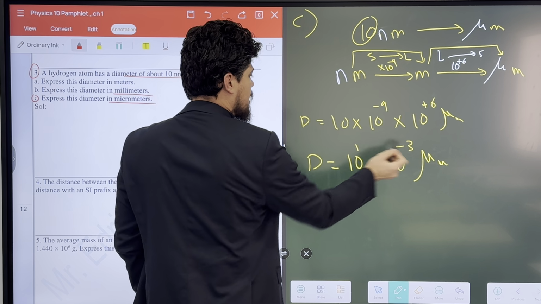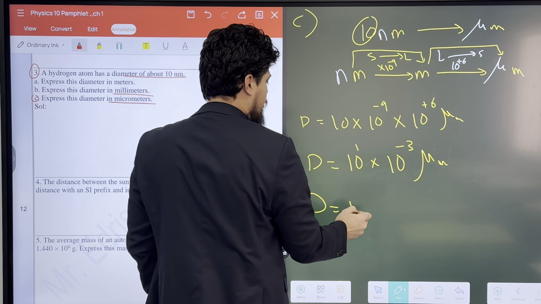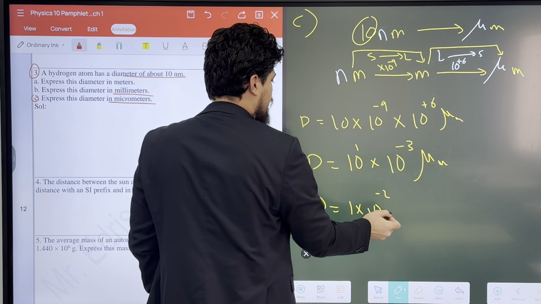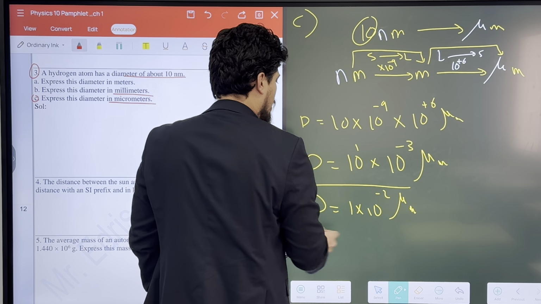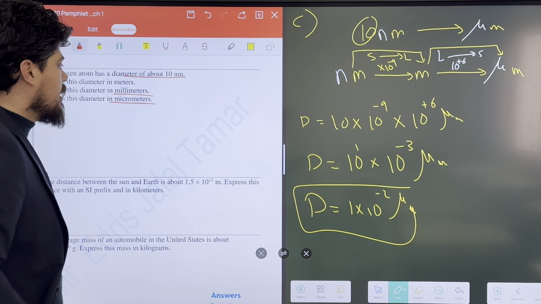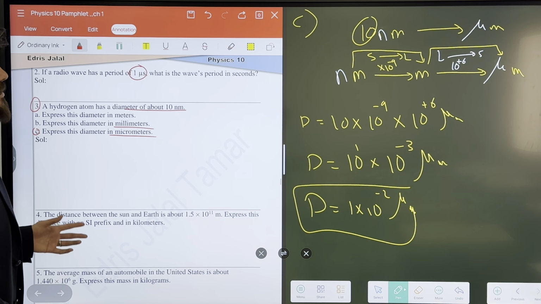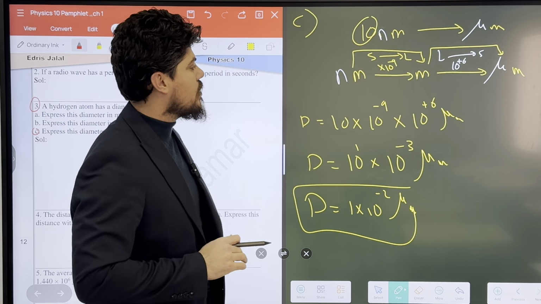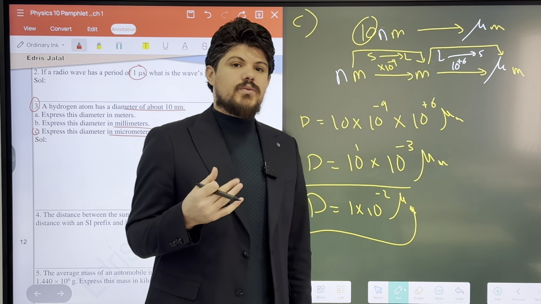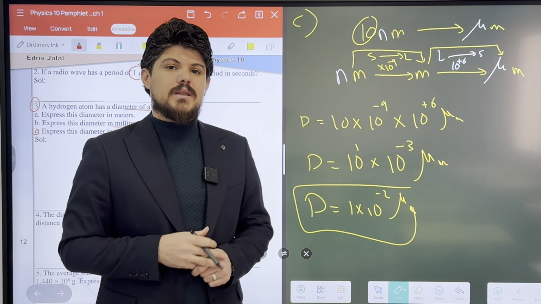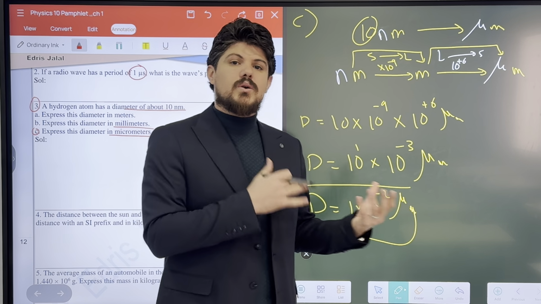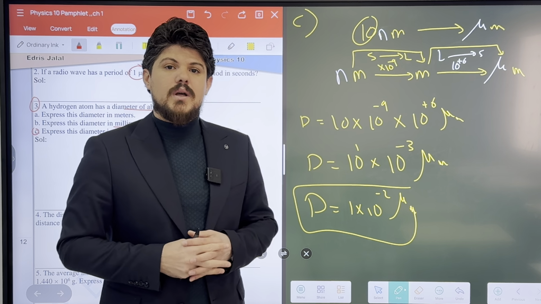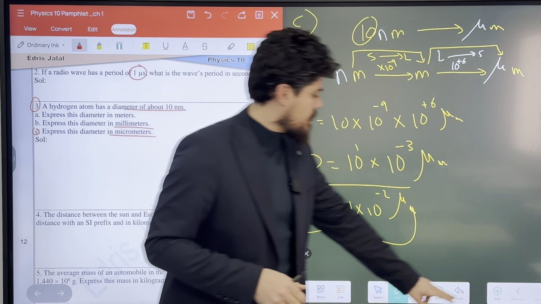This is 10 power 1. 10 power 1 with 10 power negative 3 is going to be 1 times 10 power negative 2 micrometer. Okay? So this is question 3 about converting between the prefixes. It's very easy. You just have to know how to convert. At first you have to know which one it is, large to small or small to large, and also you have to know the power of each prefix.